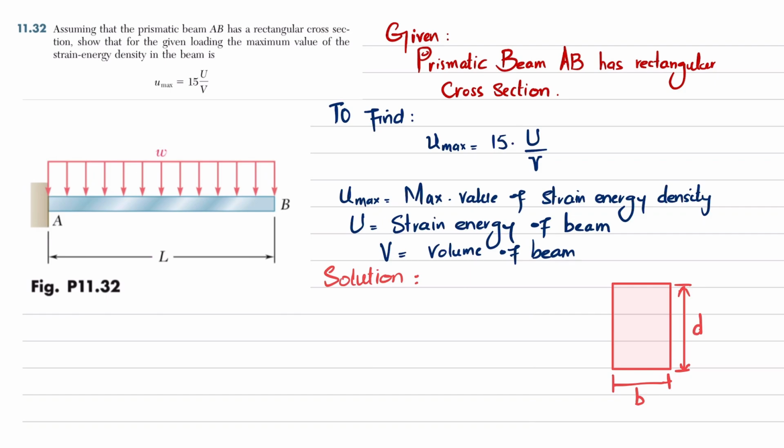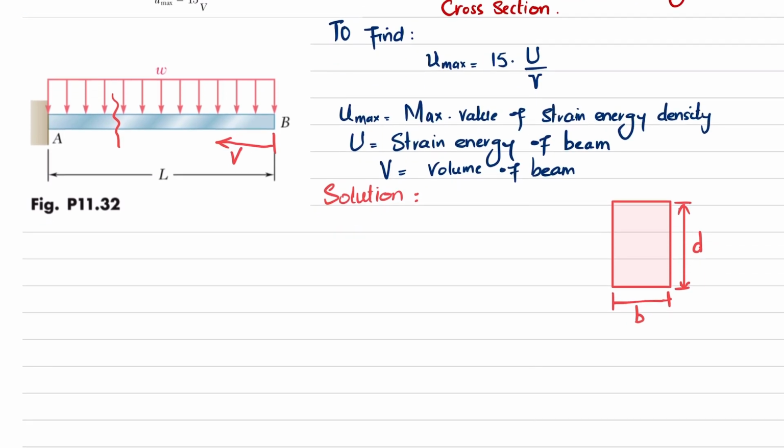For that we will cut the beam anywhere from point B, and let this distance be V. We will draw the free body diagram over here. So this is point B, and from B this distance is V. If you cut the beam, there will be a shear force and there will be a moment.